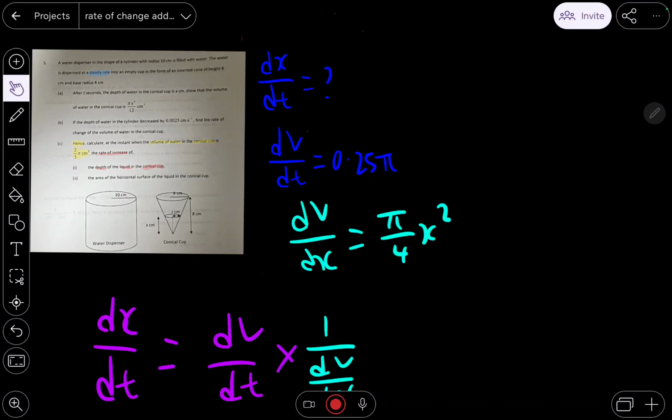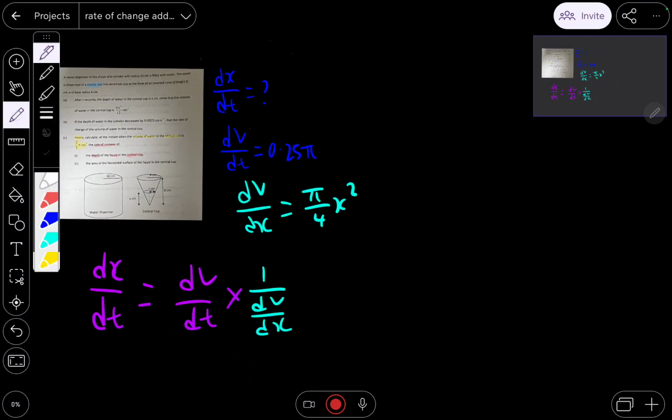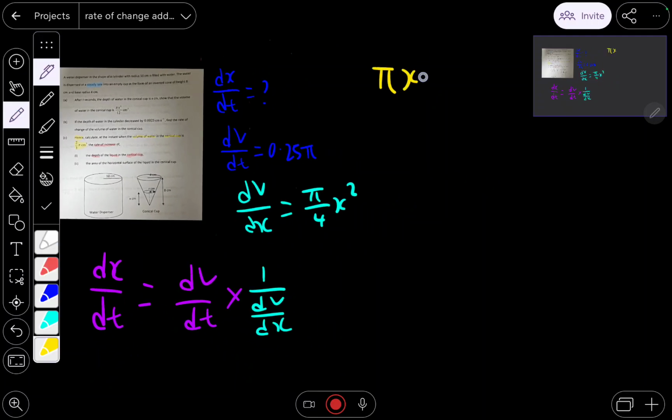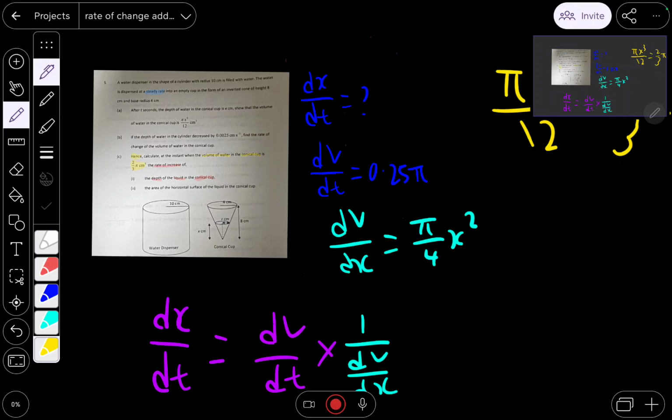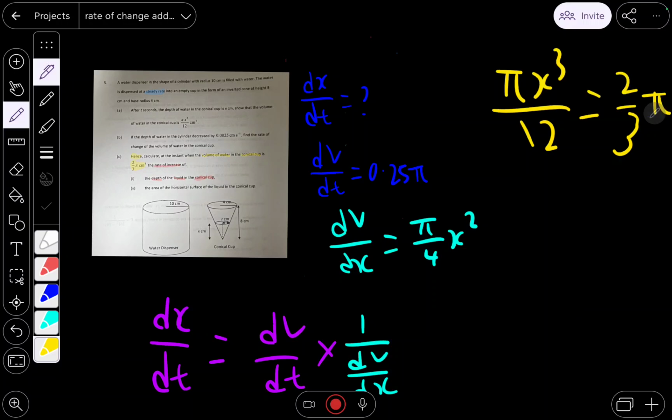Let's say we can say that pi x cubed over 12 equals 2/3 pi cm cube. Why? Because the volume of water in the conical cup is 2/3 pi cm cube, as stated in the question.